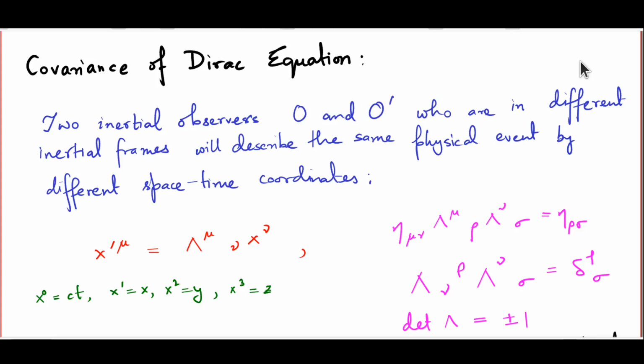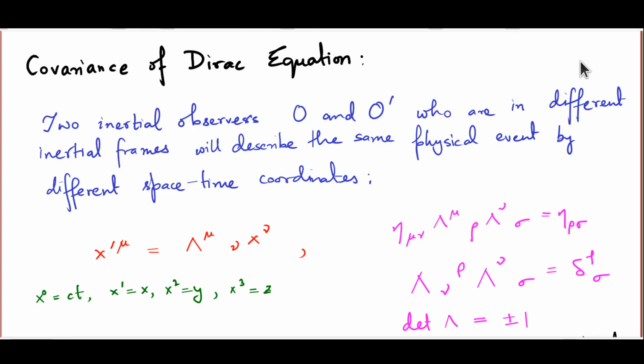We write lambda with an upper mu and a lower nu, that is, we write the indices from top left to bottom right to indicate that we are talking about the actual coordinate transformation coefficients. I hope this particular notation is not unfamiliar to you. If it is, you can take a look at some of the videos I had made on tensor analysis where I describe clearly the rationale behind this.